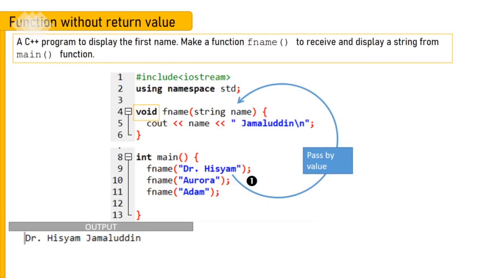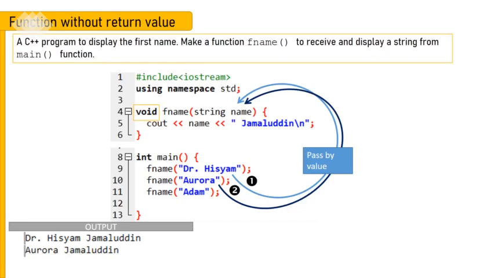After execution of the function definition, it will return to the main function in line 10. Again, another function call with the same function definition, sending Aurora as the string name to the formal parameter in line 4. Next, cout Aurora Jamaluddin on the next line. After the execution of the function definition, the compiler will return to main and execute the next line, which is line 11.